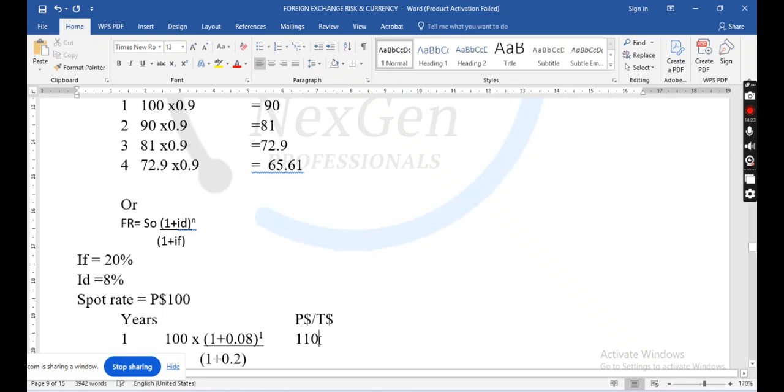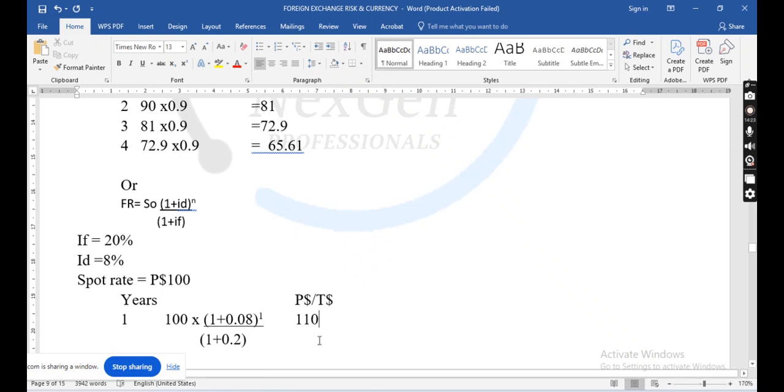Now, when you use it this way, what is your figure? 90. Thank you. 90.